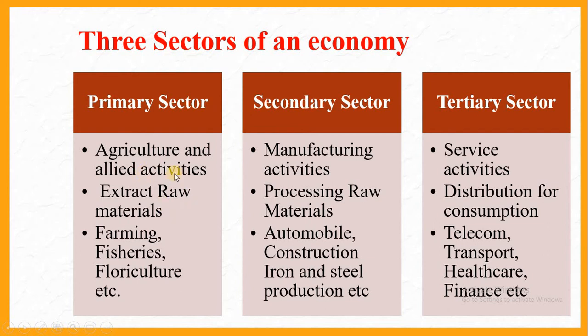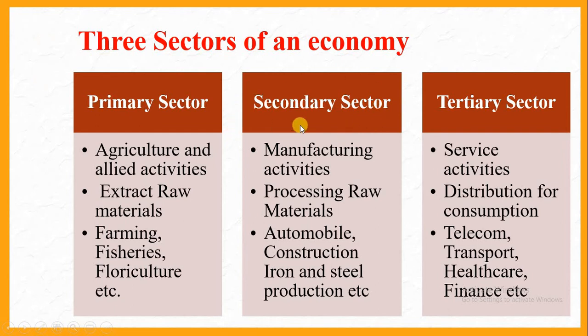So they all extract raw materials. For example, from the earth, a farmer sows a seed and he extracts the harvest, isn't it? A rice farmer extracts from the ground. It is in the first stage. So that is the primary sector.